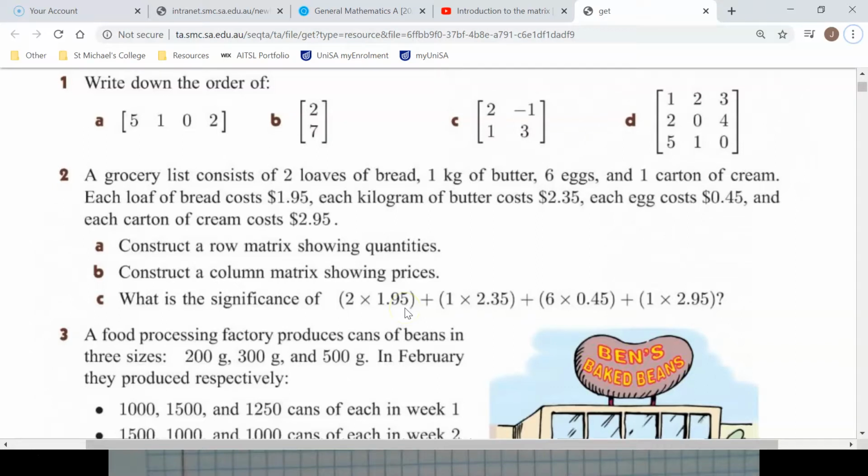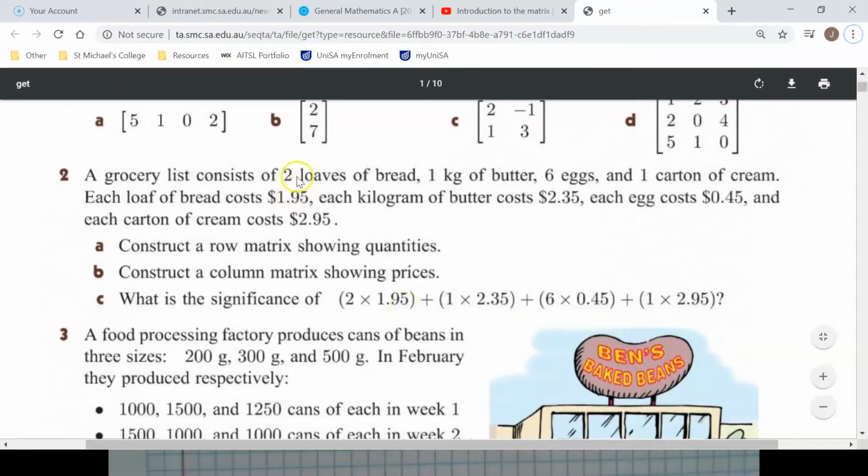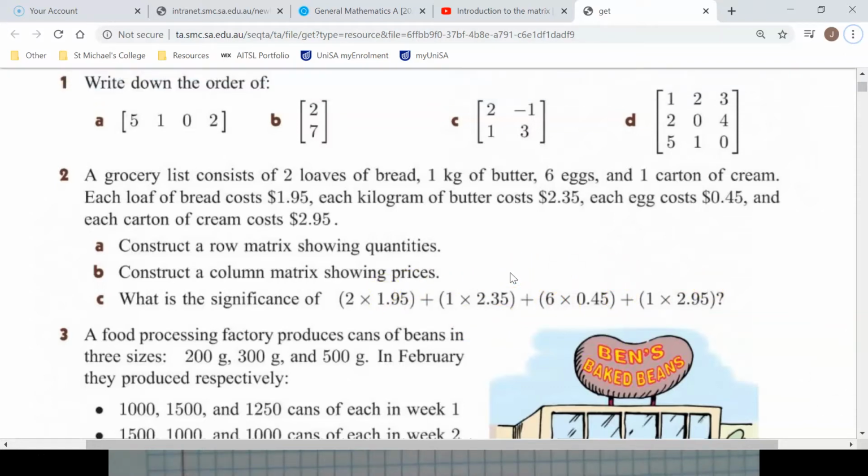Because there's 2 loaves of bread, they're just multiplying it by the cost. And then there's 1 kilogram of butter, and a kilogram of butter is $2.35, and then there's 6 eggs, and they cost that much. So that's what these different multiplications are. So this here would tell us the total cost of all of those items if they bought all of them.